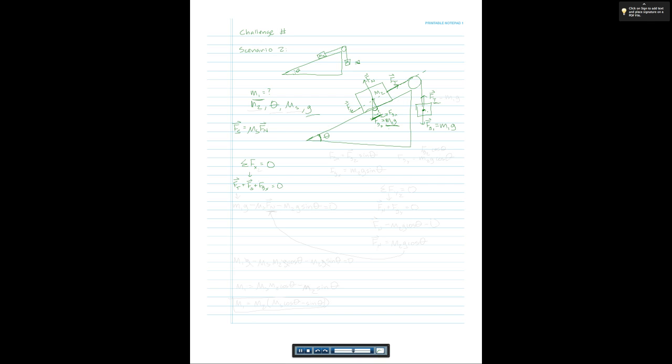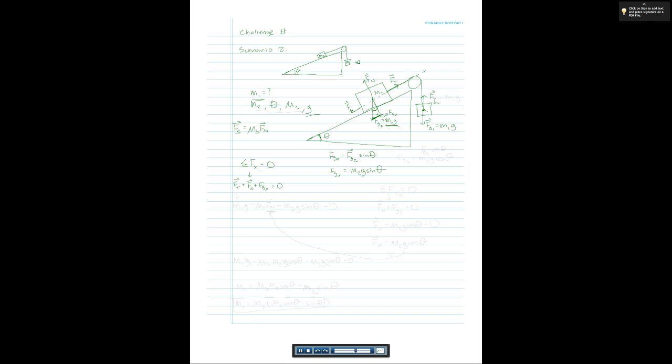So I want the x component, which is the opposite, so I'm going to use sine. FGX is FG2 sine of theta. Now, what is FG2? I just wrote it right here. It's M2G. So FGX equals M2G sine of theta.